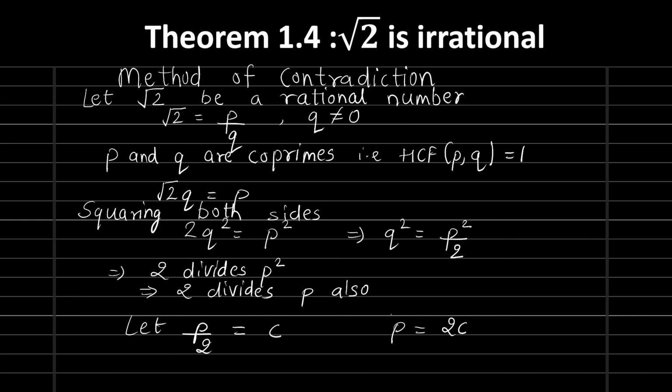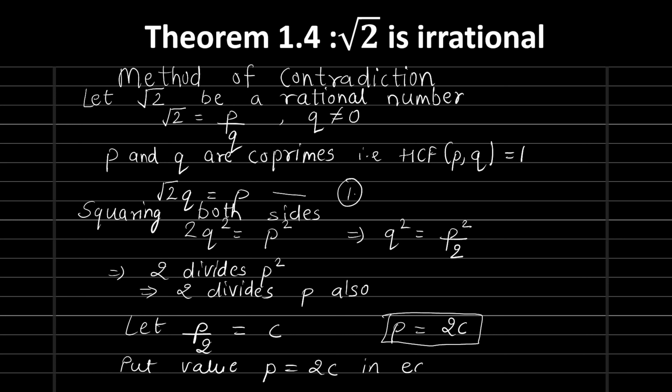Now, this value of p, we are going to substitute in this equation. Let's number this equation as equation number 1. So, we put the value of p equals 2c in equation 1.